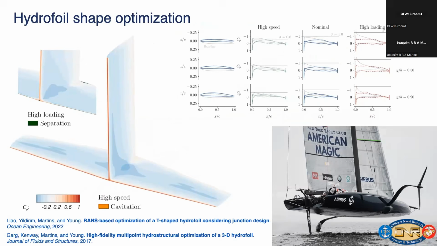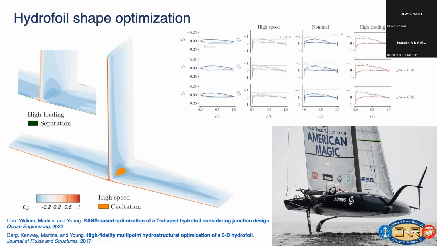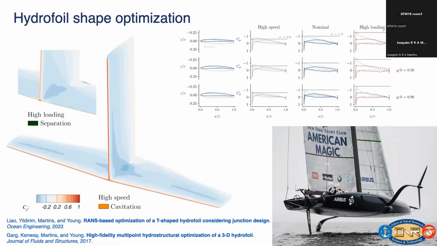We've also applied that to hydrofoils. Very interesting. Now naval engineers have rediscovered, or put more emphasis on, hydrofoils. They're basically wings underwater. So we can actually apply these tools as well. Now we have issues with cavitation, so we can set cavitation constraints. So in this case, we have a T-foil. We're simultaneously constraining cavitation and separation while minimizing drag and constraining the stresses, because this is an aerostructural, I should say, hydrostructural solution.